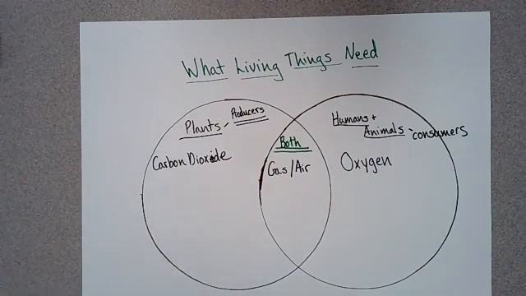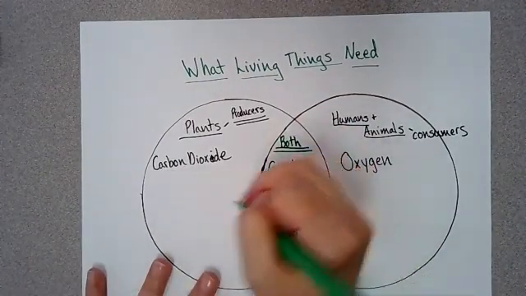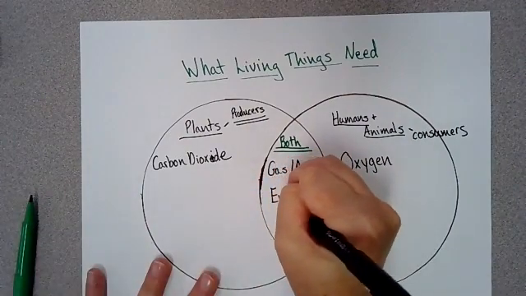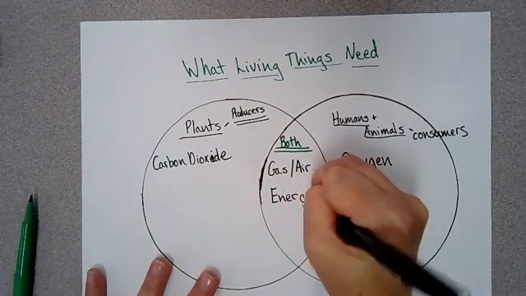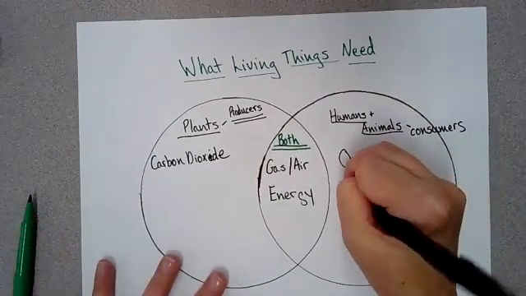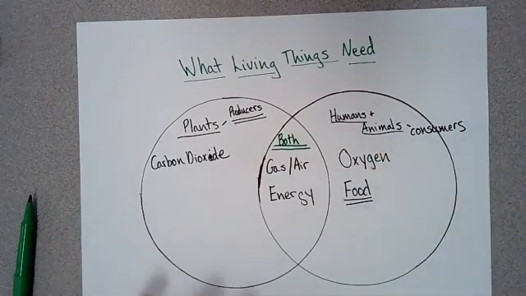The other thing is that both plants and animals have got to have energy. Humans, we get our energy from food. We consume food and we take the nutrients into our body.